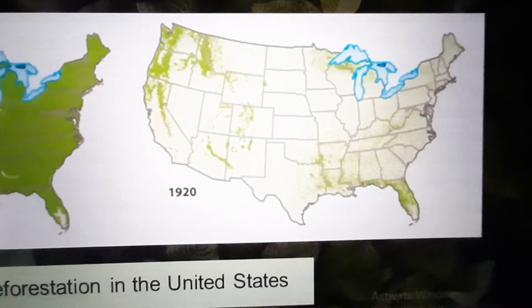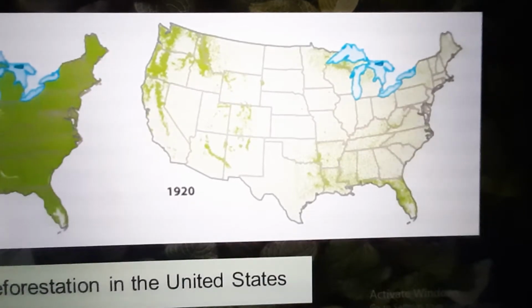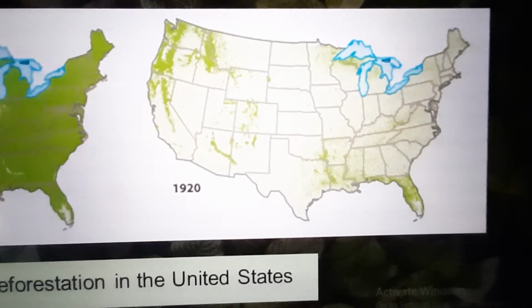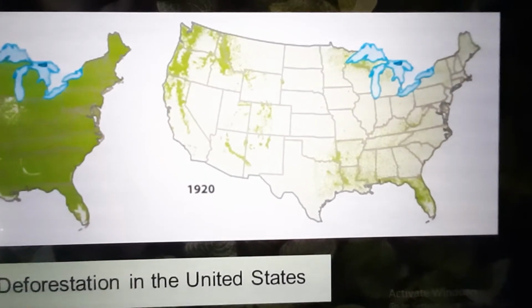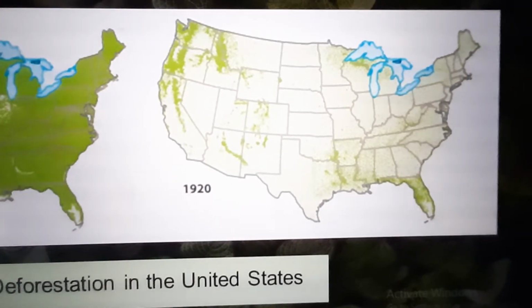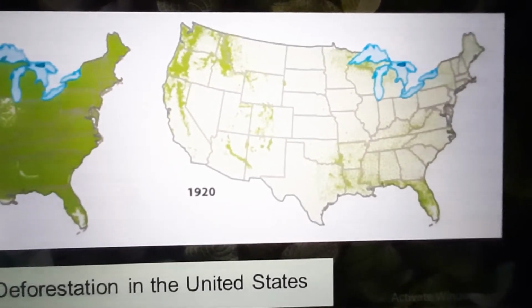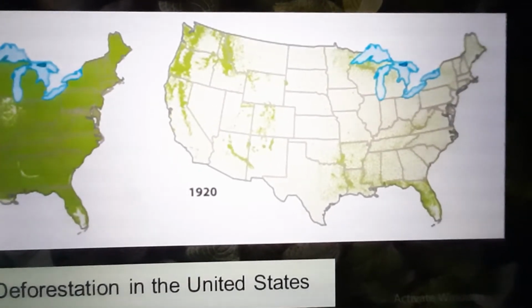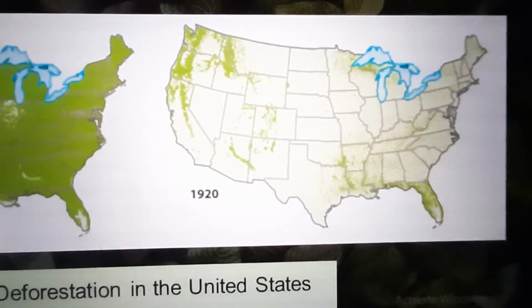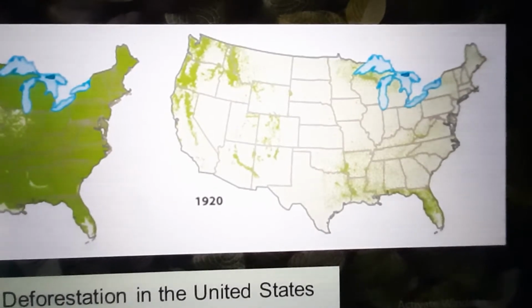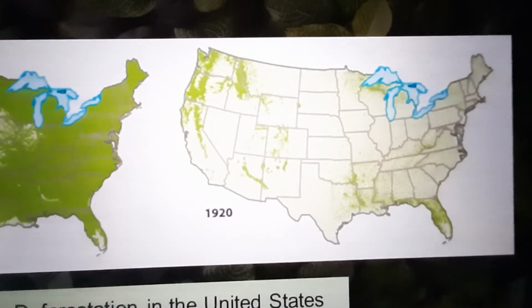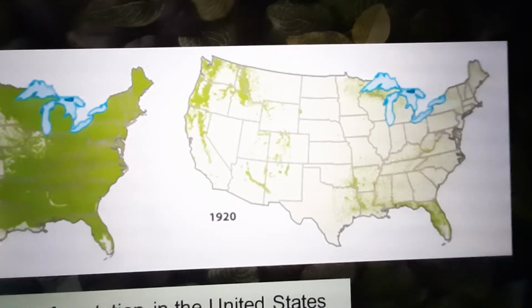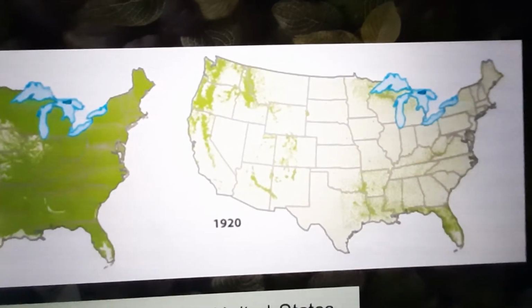So hopefully we'll be able to get online and see some more of the updated versions, more than 100 or less than 100 years ago. But you can see most of the eastern part of the United States was cleared out, except for some areas down around Florida and along the Gulf Coast, and some at the very top up around the Great Lakes, northern Michigan and Wisconsin, Minnesota.